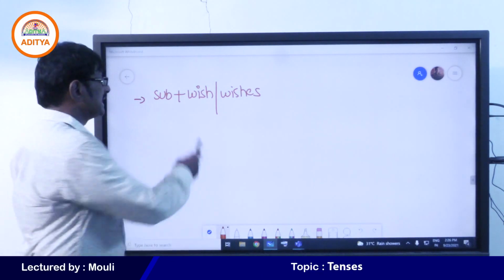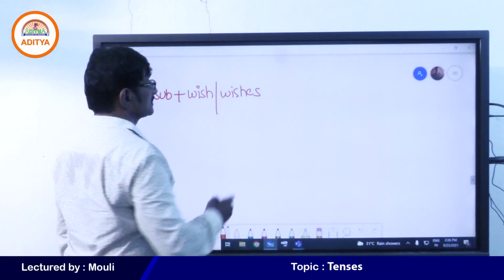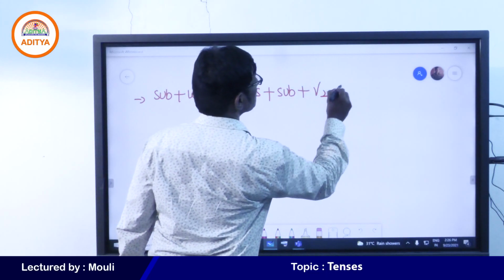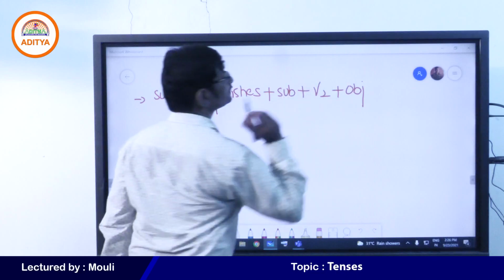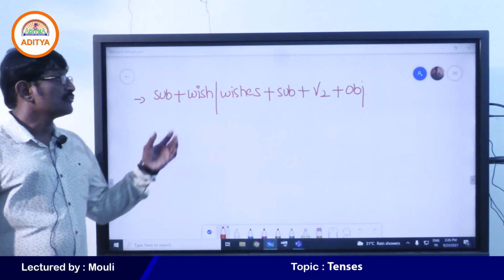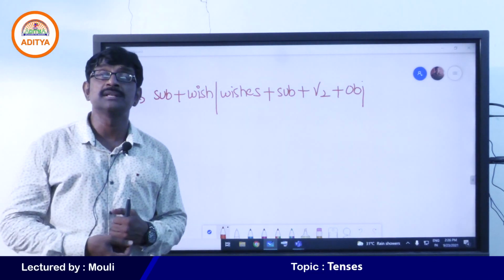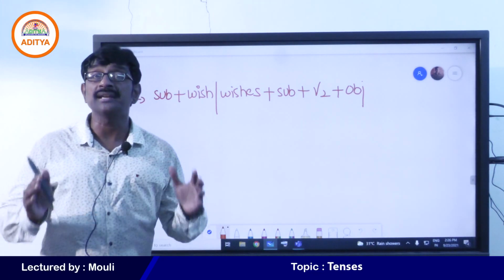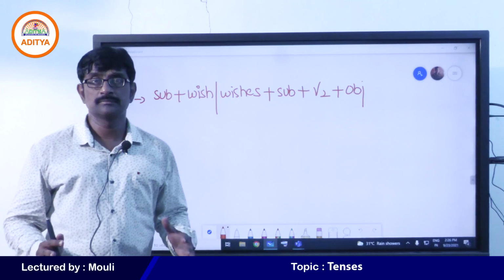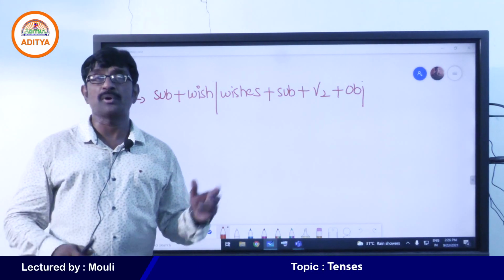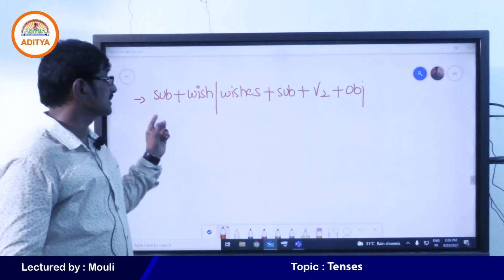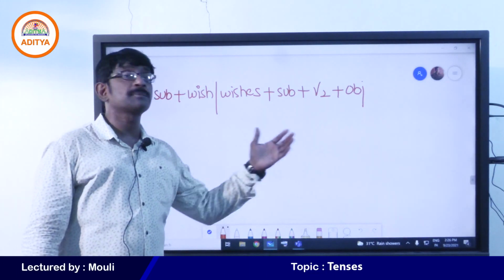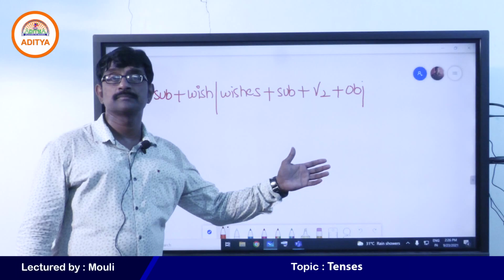That means it will be in present simple tense, but after that it takes V2 plus object. That is very, very important from the English point of view, students. So see this: subject, wish or wishes, subject plus V2 plus object.